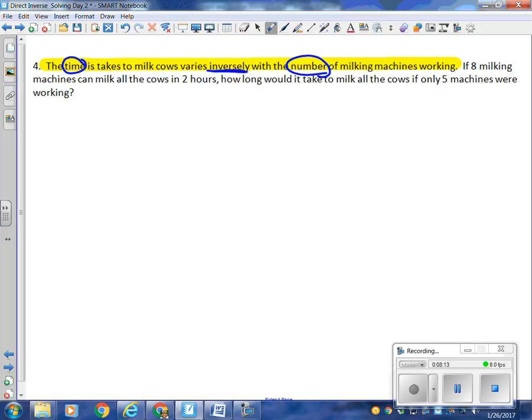So from that relationship, I know pretty much that it's inverse, and so we know that time is going to be equal to something over the number, and we talked about solving for constant K. If you will remember, what we did is we multiplied to find the constant. 8 milking machines can milk all the cows in 2 hours. So to find constant K, we said 18 times 2. Got an answer of 36.